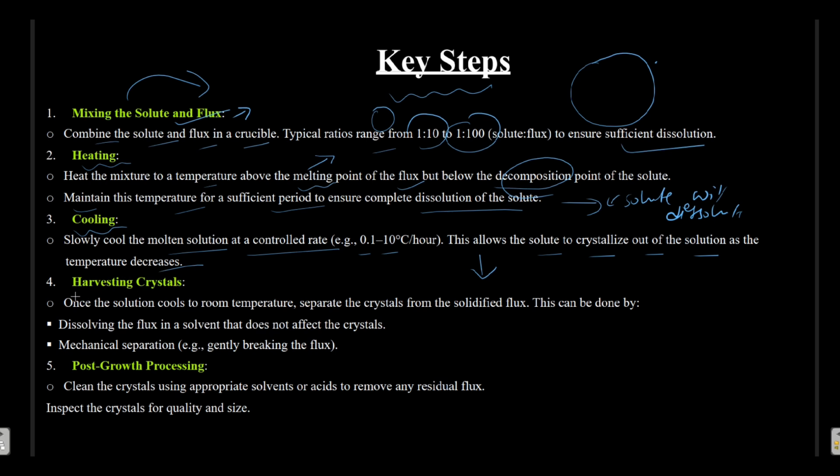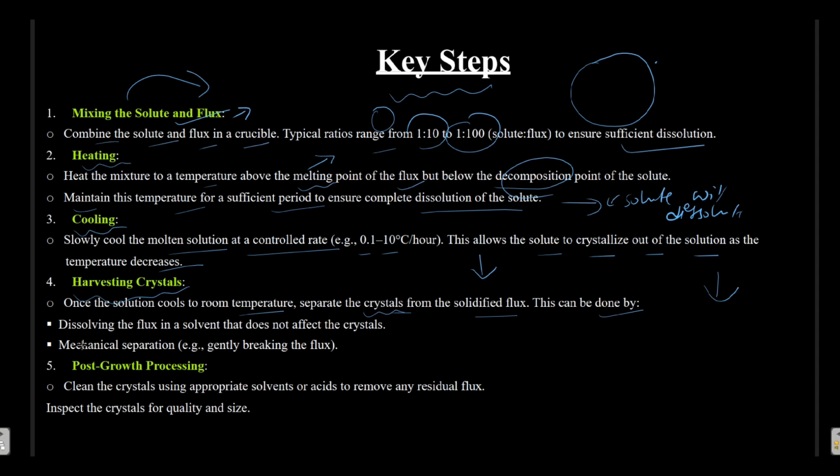Now the fourth step is harvesting the crystal. Once the solution cools to room temperature, separate the crystal from the solidified flux, which was formed by reducing the temperature. There are two methods by which harvesting of crystals can be done.